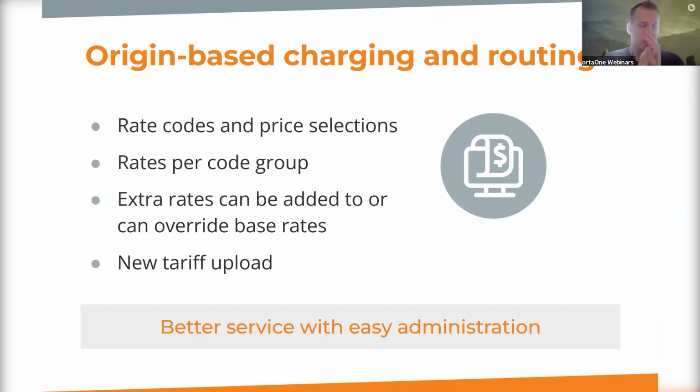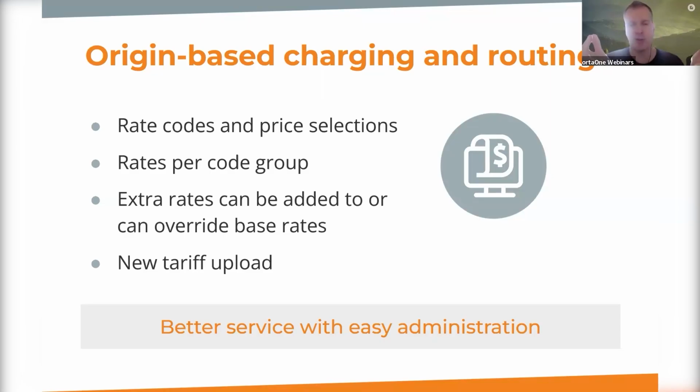When we started, the first thing we had to do is some renaming. We had an object called destination in PortaBilling for more than 20 years. And it was perfectly fine as long as tariffs were destination-based. Now, the word destination would be very strange to use in a tariff which defines prices based on the origination. So we renamed destinations into rate codes.